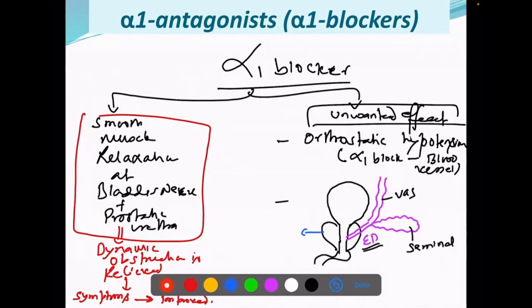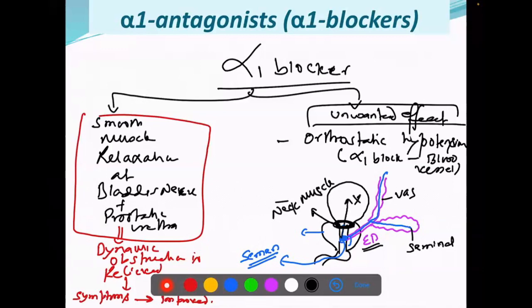When any male ejaculates, the fluid from the vas, the fluid from the seminal vesicle, and the fluid from the prostate get mixed here and come out as semen during sexual intercourse or ejaculation. But it will not go upward, because there is a contraction of the bladder neck muscle that prevents retrograde ejaculation. That is, it prevents the semen from going into the bladder.